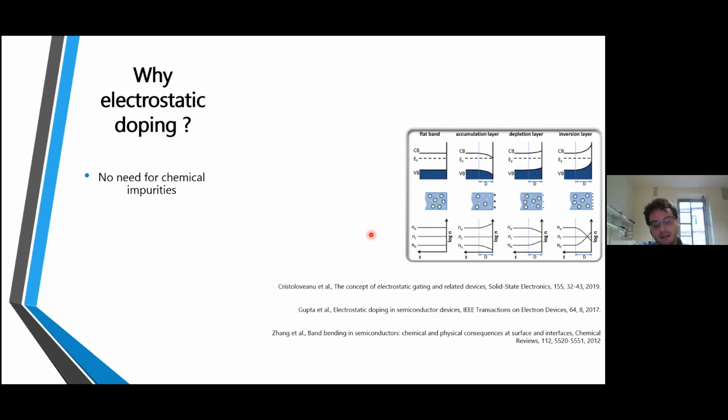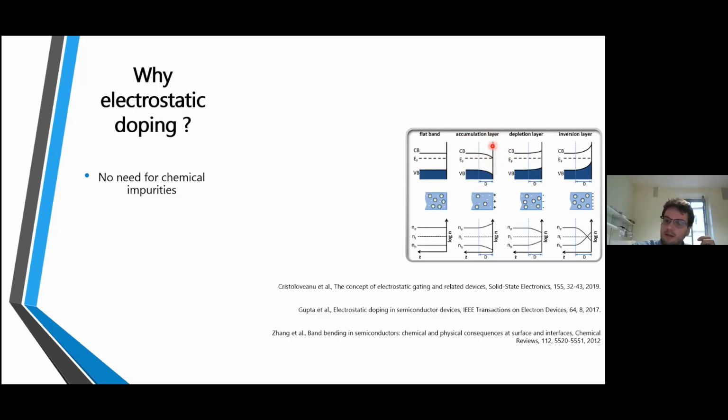It relies on the application of electric fields rather than the insertion of chemical impurities in the crystal lattice of the material. Indeed, the electric fields induce band bending of the semiconductor near the surface, where the electric field is most felt by the charges in the semiconductor.